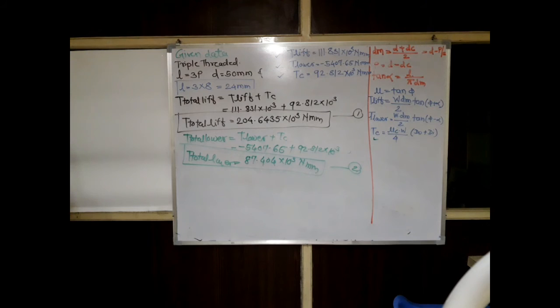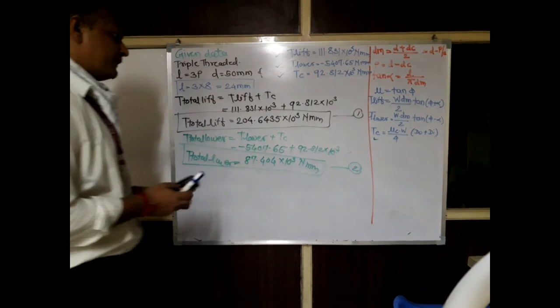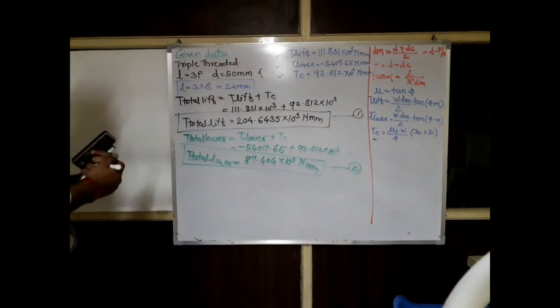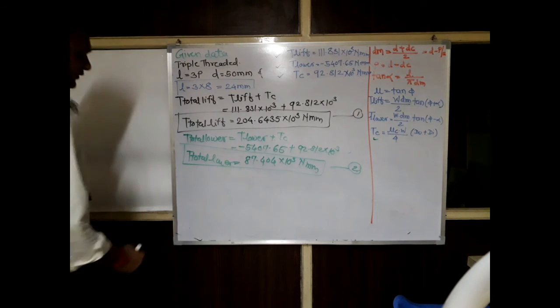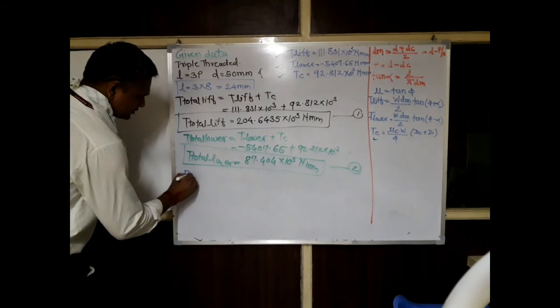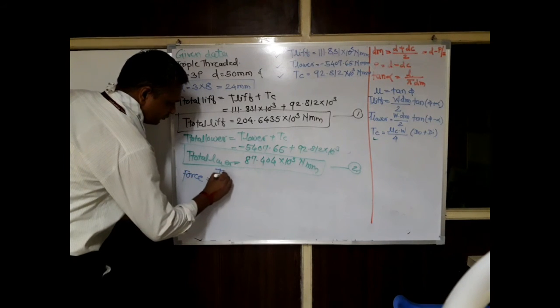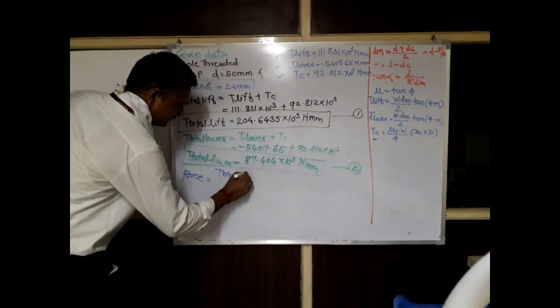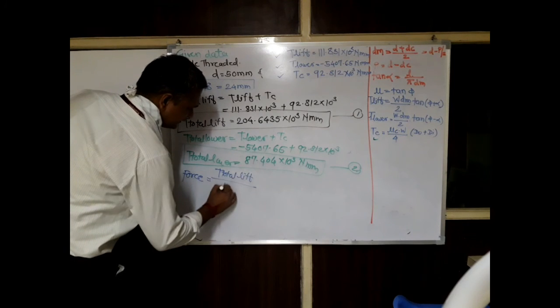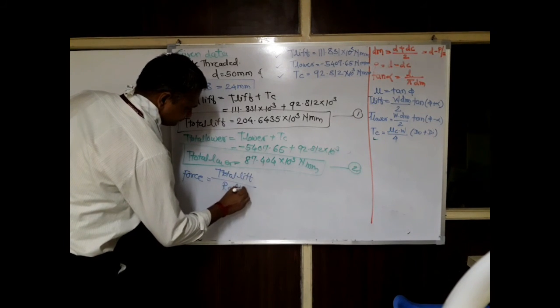Now, the third parameter they have asked is the force required at the end of the hand wheel. The force required at the end of the hand wheel will be equal to T total lift divided by the radius of the hand wheel.